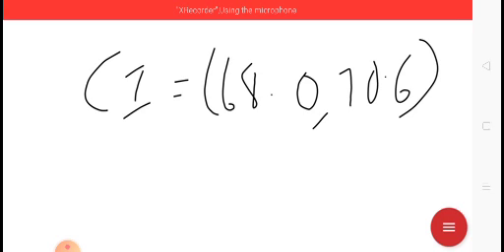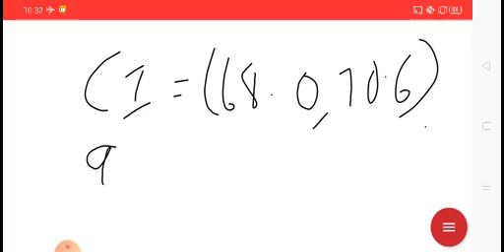Once you get this, explain what you understand from this. This one is simple.